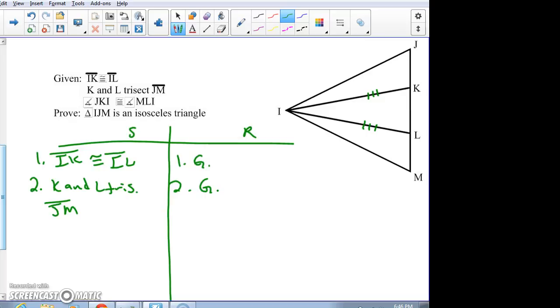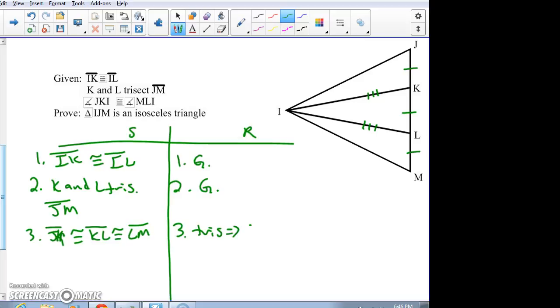Okay, so knowing that K and L trisect JM, I'm probably just going to put, maybe I don't need it, but I'm going to put down that all 3 of those have to be congruent to each other. At least then I got it. JK congruent to KL congruent to LM.